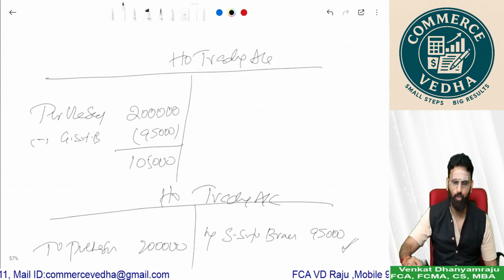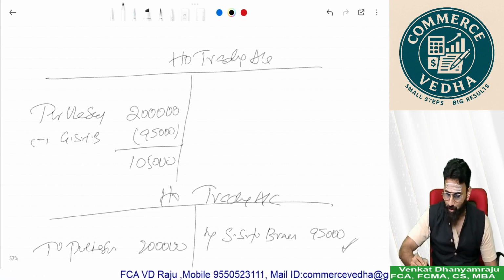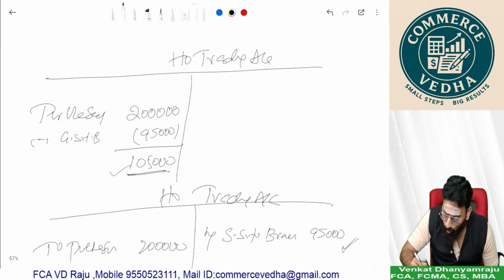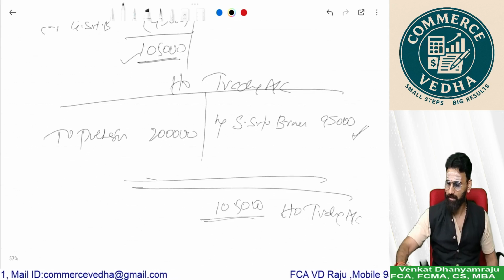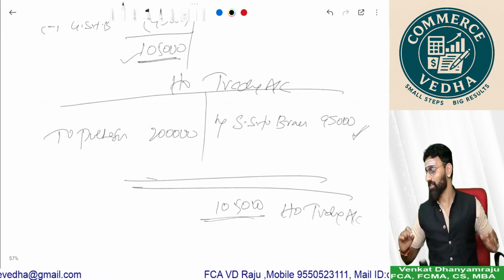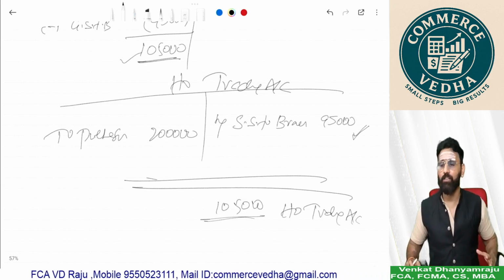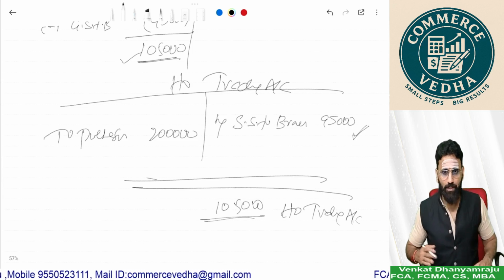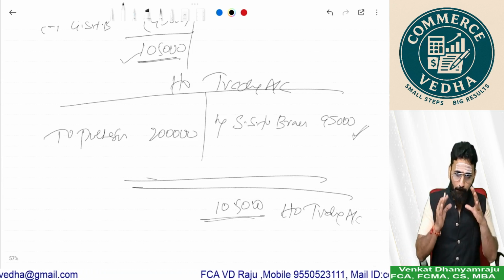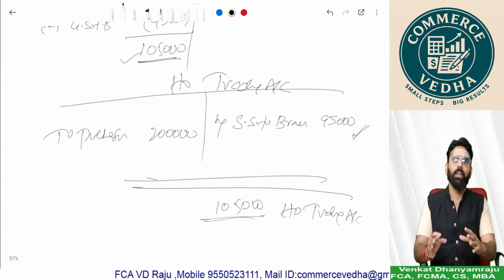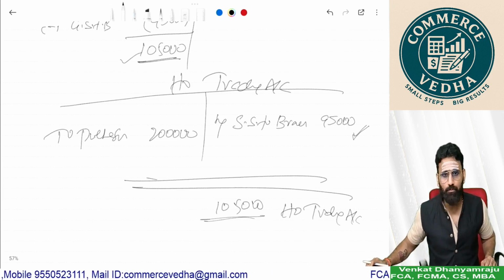HO should not debit full. It should only take 1,05,000 as its own purchases because 95 already transferred to branch, right? So this is the solution, first method, which is branch debtors method or branch account method. We'll be doing sums from the textbook on the cost price method on branch account method, branch debtors method under dependent branches. Thank you. We'll meet in the next session.